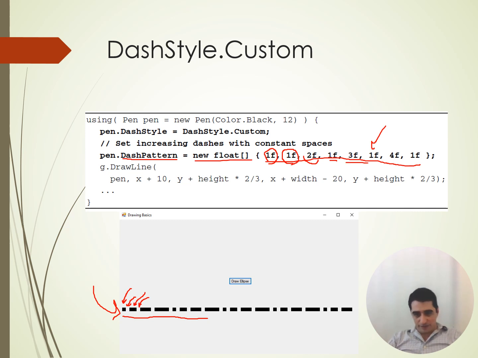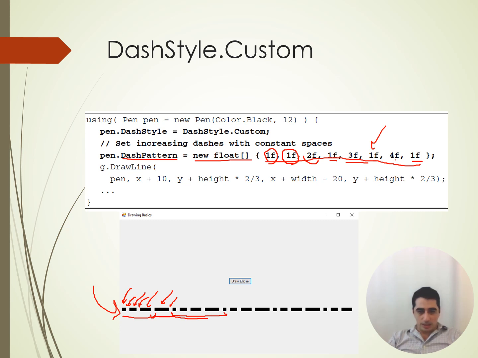Then I have 3f, the width of the next dash. Then I have 1f, which is the width of the gap between the current dash and the next dash. Then I have 4f, that's the width of this dash, and then 1f, which is the space between the current dash and the next dash. After this, we're going to repeat the same pattern in a periodic fashion.